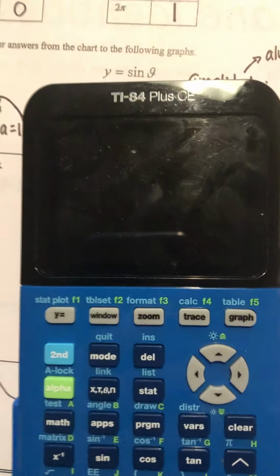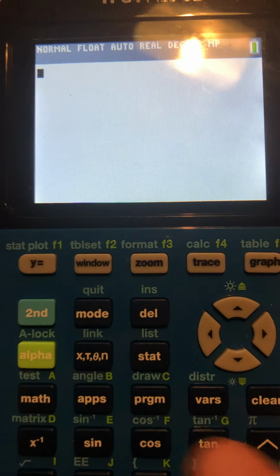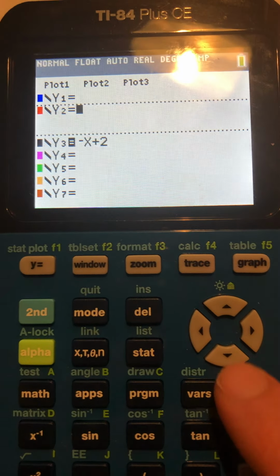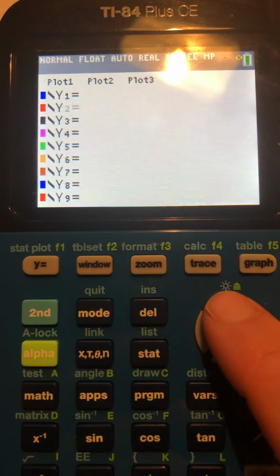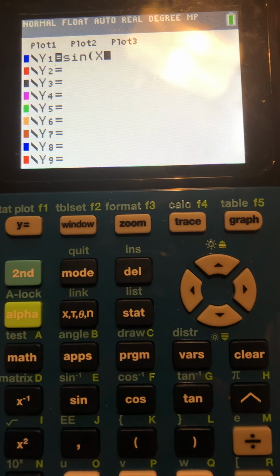Now, our smart calculators know these answers. So if I turn on my calculator, I'm going to go to y equals, clear out whatever was in there, and type in y equals the sine of x.